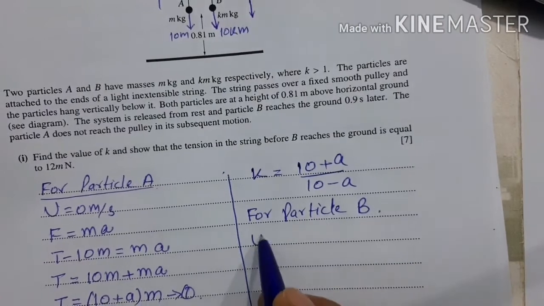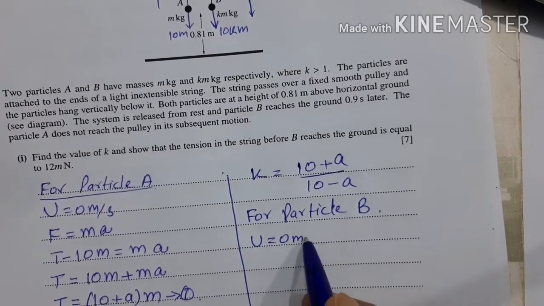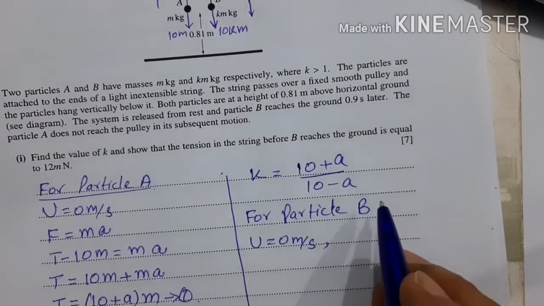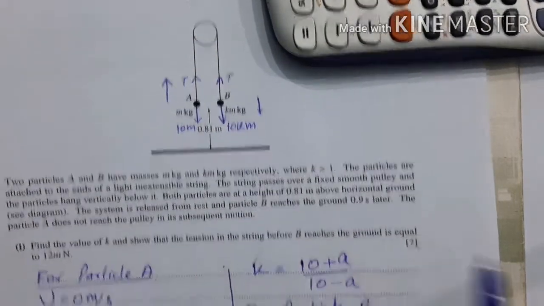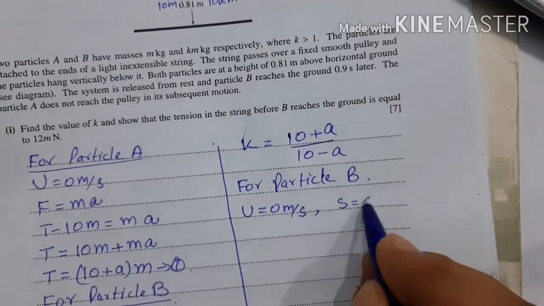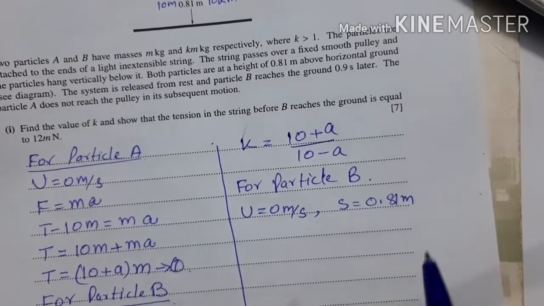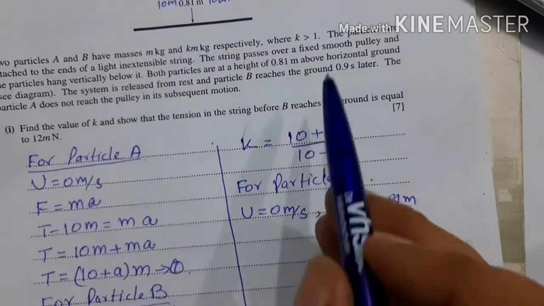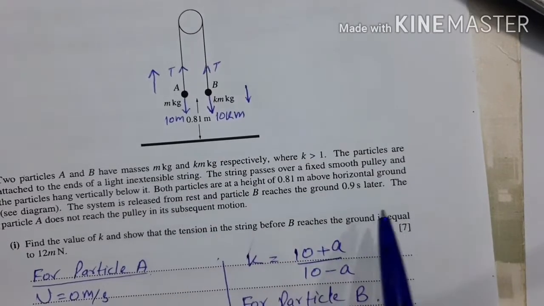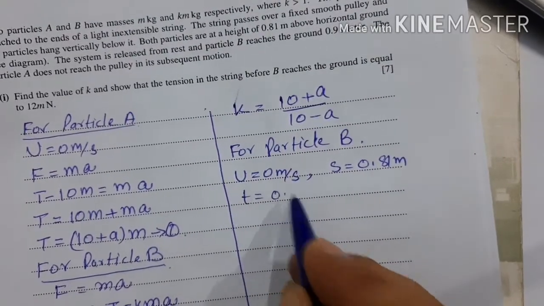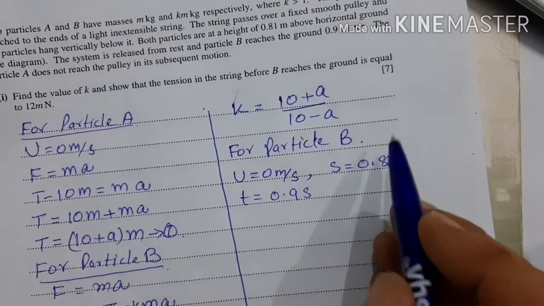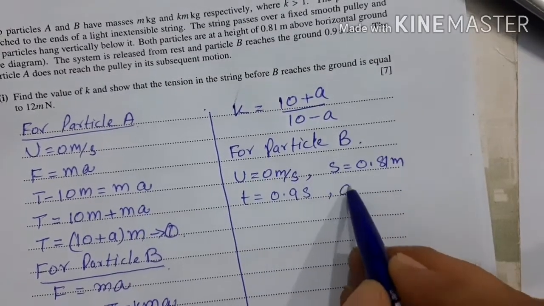It means u is 0 meters per second, and the particle covers this distance 0.81 meters, and the particle took 0.9 seconds. It means the time is 0.9 seconds, and I need a.